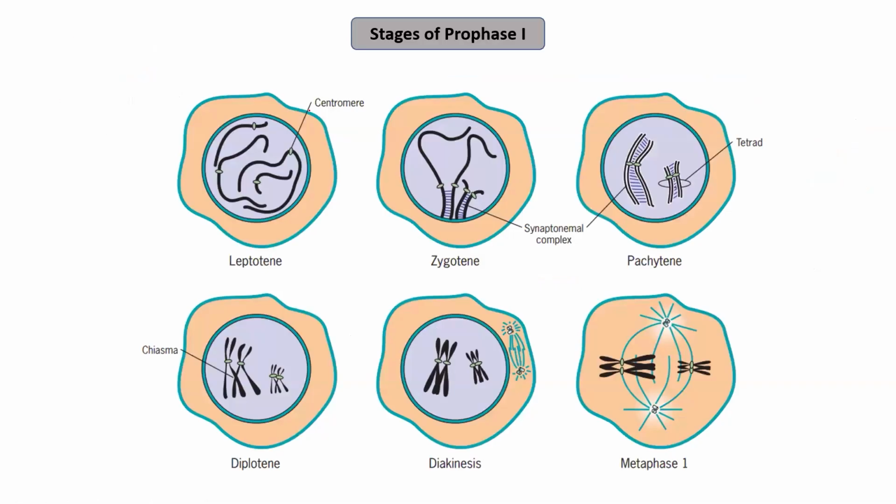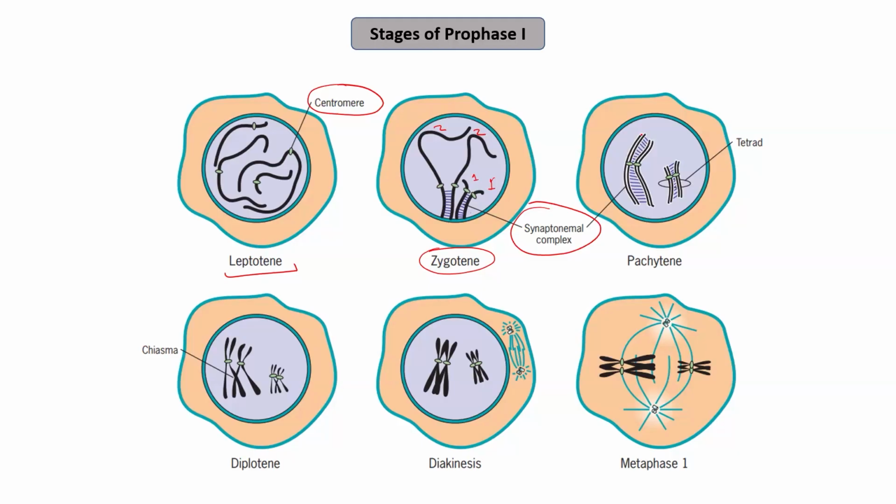So we can see in this figure, this is the centromere. We know the chromosomes remain attached to the centromere. In the leptotene stage, the chromosomes condense. Then in the zygotene stage, there is a formation of the synaptonemal complex. The homologous chromosomes come in contact with each other, forming a synaptonemal complex. This synaptonemal complex consists of the tetrads.